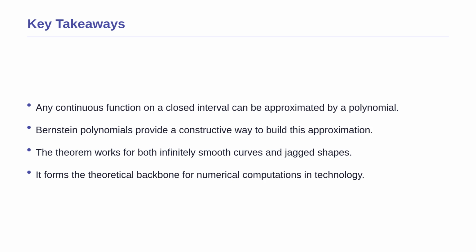We saw how Bernstein polynomials provide a mathematical recipe to actually build these approximations. We also proved that this works for perfectly smooth curves like exponentials and even jagged shapes with sharp corners. You have now mastered a powerful concept that proves simple building blocks can construct infinite complexity. Great job!